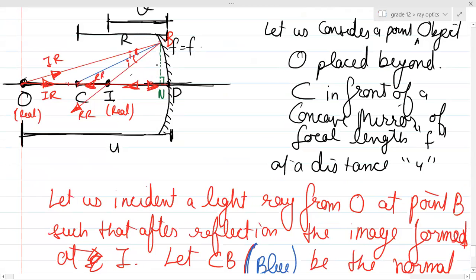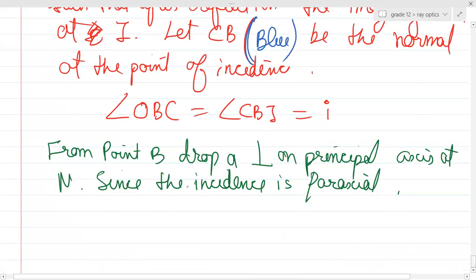So if the incidence is paraxial, then this point N and this point P will lie very close to each other, right? So point N and P lie very close to each other.